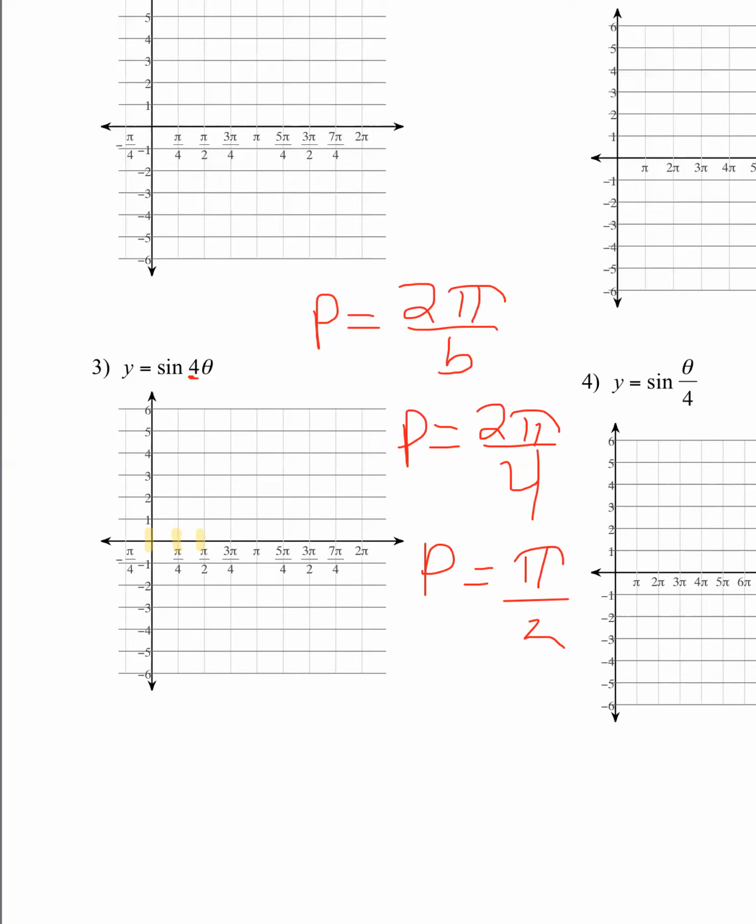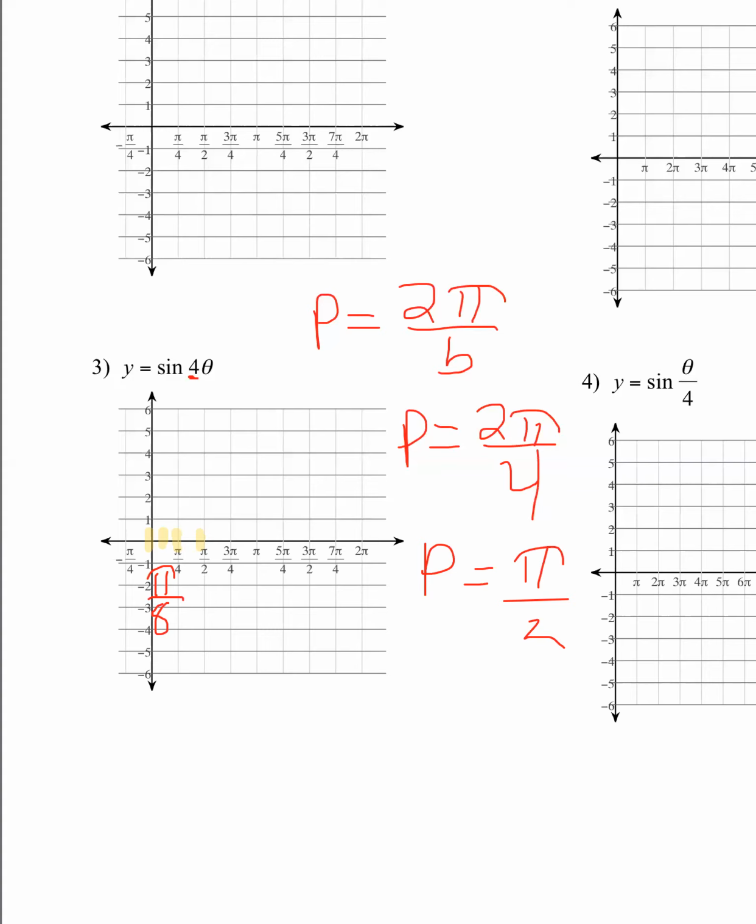So you end up getting, this is going to be kind of squished in here, but there's another important point in between those two, and it's going to be pi over 8. Okay, so let me squish in pi over 8 for that first quarter point right there.